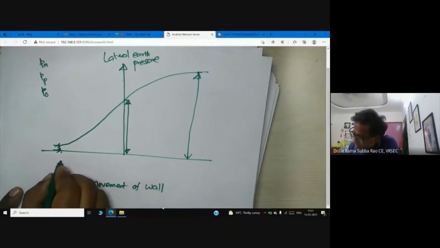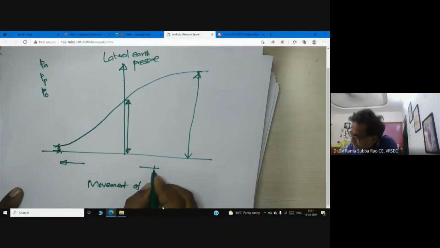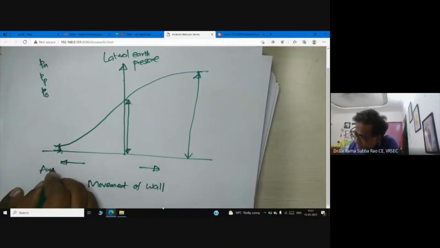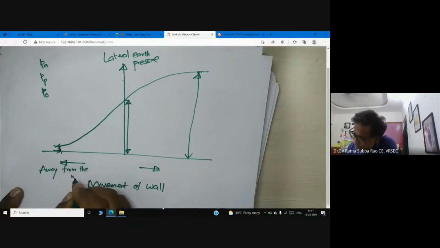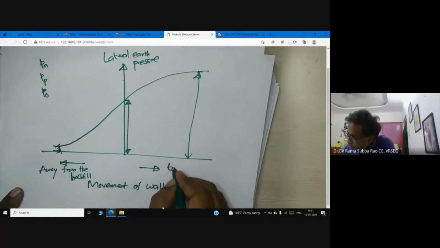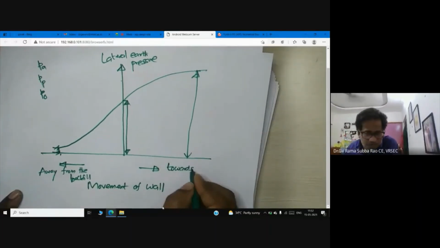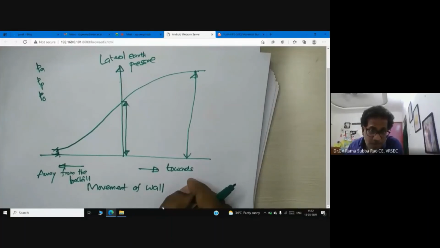This I can write as away from the backfill, and this I can write as towards the backfill. By using one numerical example, I am trying to explain the concept.